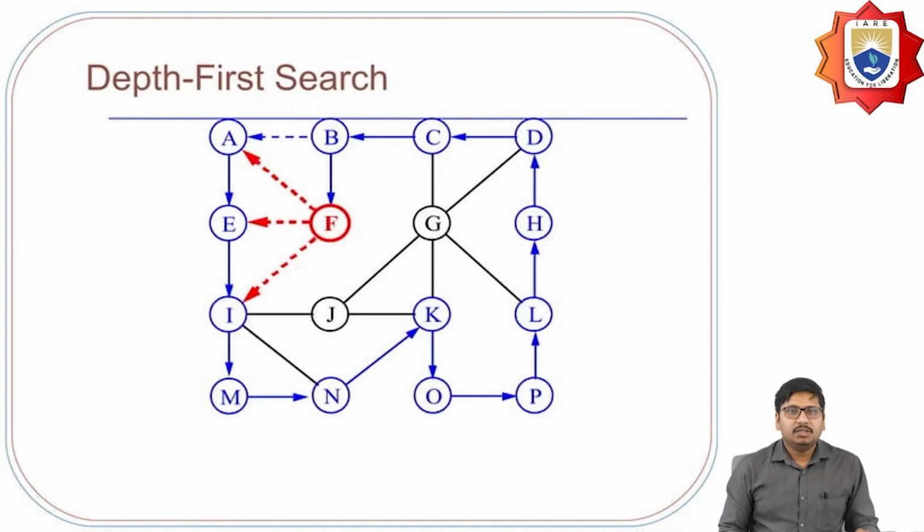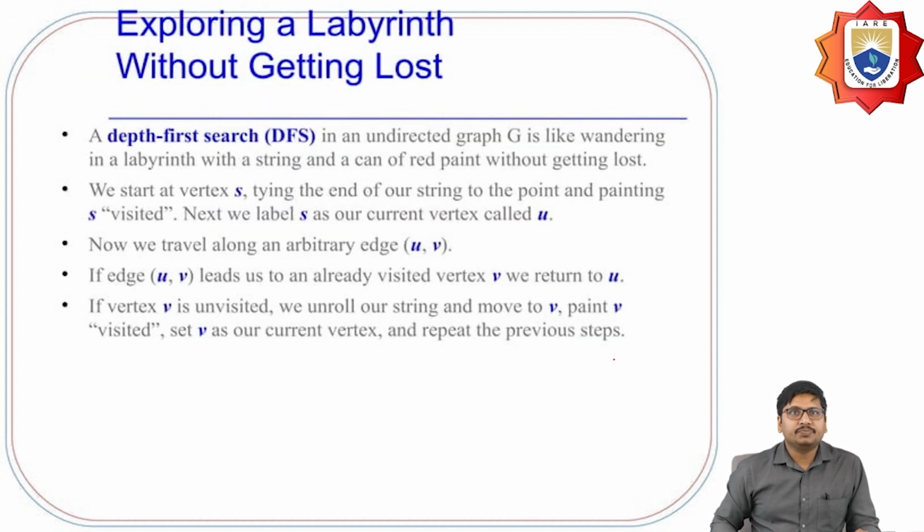In depth first search, for every level you have to visit only one node. Then I have to implement the backtracking here. Depth first search in an undirected graph is nothing but wandering in a labyrinth with a string and red paint without getting lost.